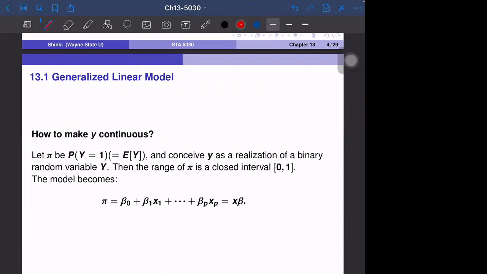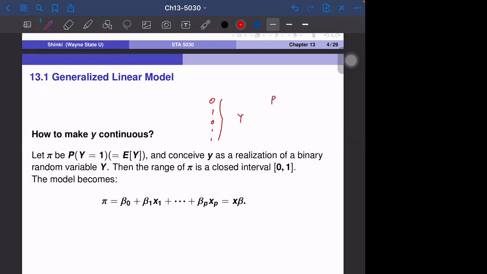At first, we rethink y. y is either 1 or 0. But the statistical way to think about data is that the data are realizations of random variables. So even though this is just a sequence of 0s and 1s, we think of it as a realization of random variable y.